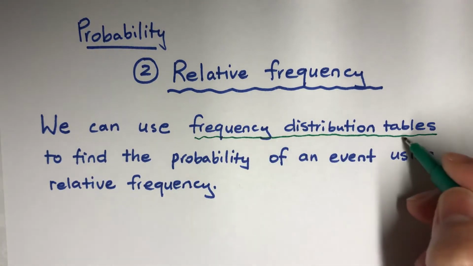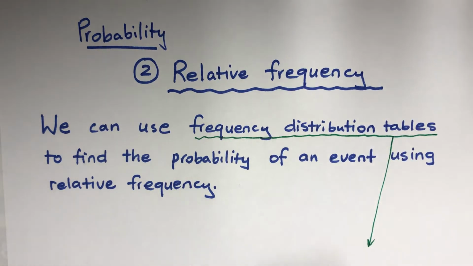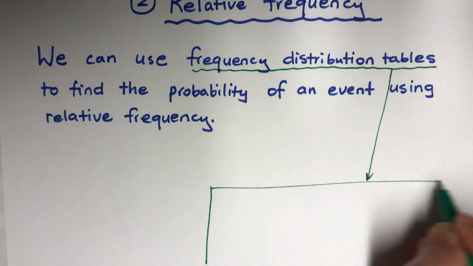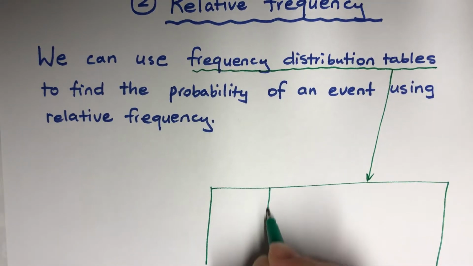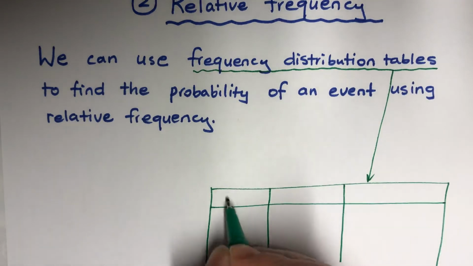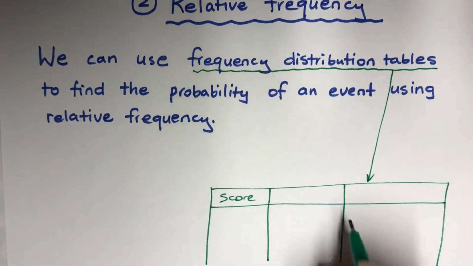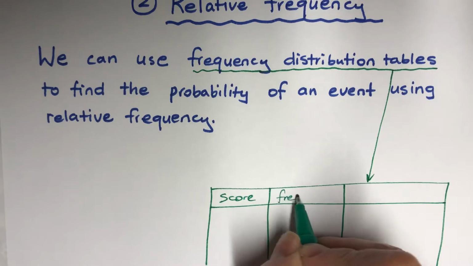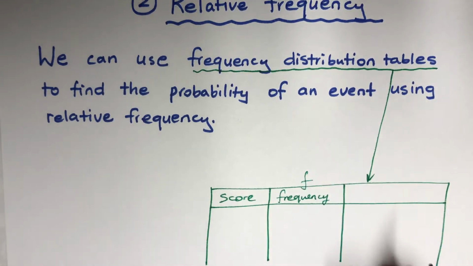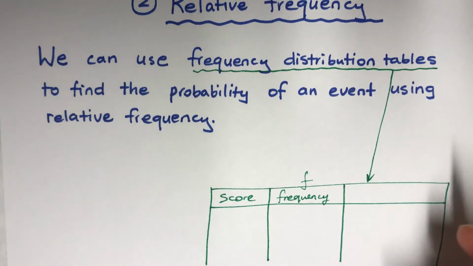Well, I'm going to draw this one up here. It looks like tables with scores, frequency. So those are like score, like X values, and then there's a frequency. So it's F. And then you probably remember cumulative frequency, yeah?